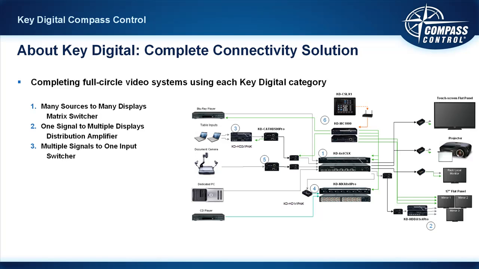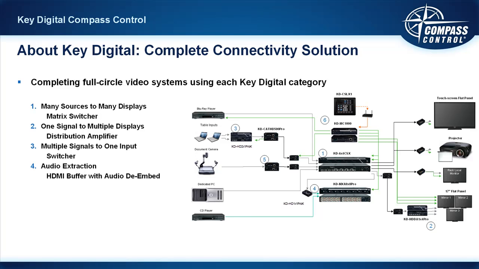Multiple signals to one input, meaning a single source is selected and viewable. That would require a simple switcher, 2 inputs, 1 output, 3 inputs, 1 output, 4 inputs, 1 output, for example.